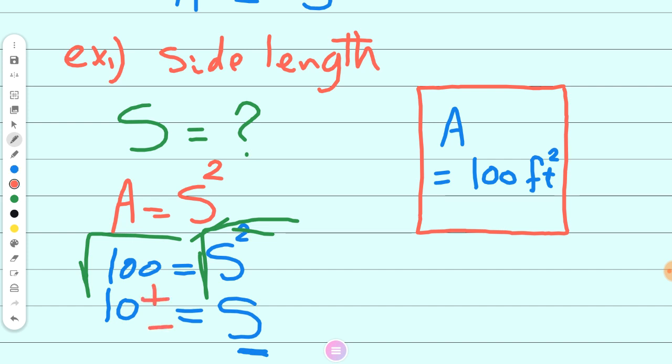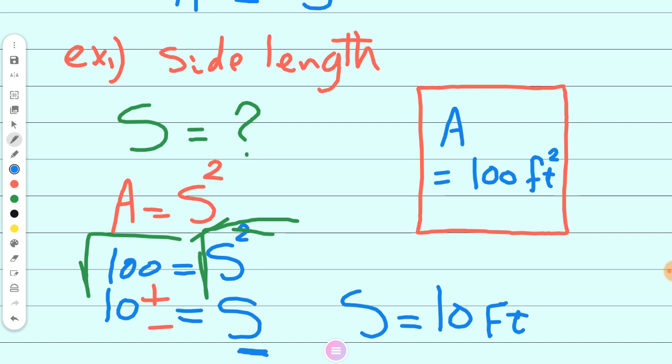But for length and distance we can say only S equals 10, because distance is always positive. When we want to find distance, we take the absolute value of the number, so a negative number becomes positive, and a positive number stays positive. So the side length equals 10 feet.